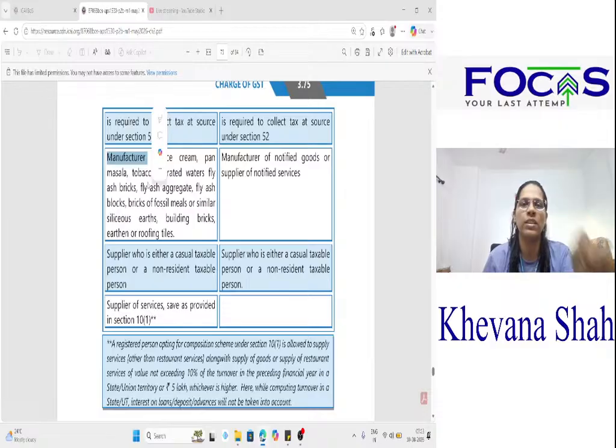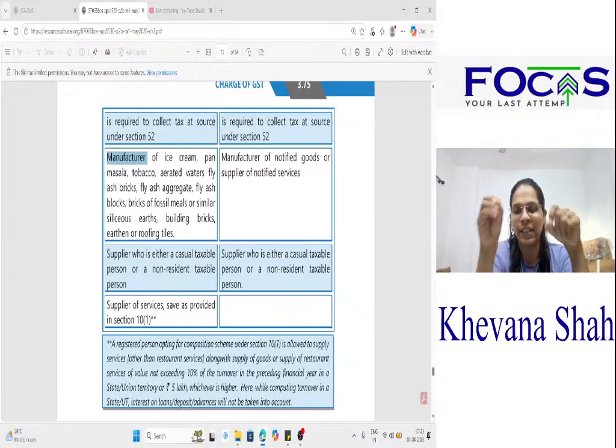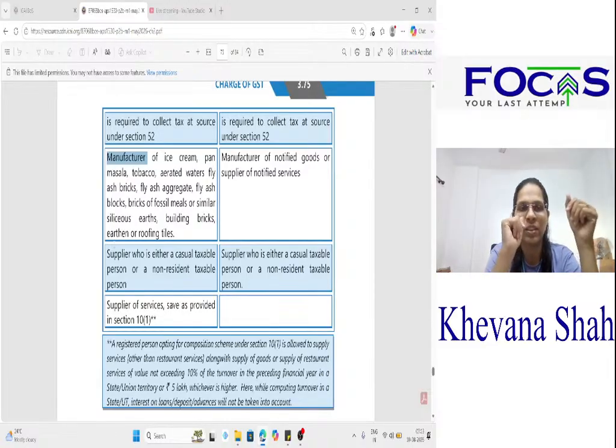your composition scheme. Then we have already seen this, a supplier who is either a casual taxable person or a non-resident taxable person will not be allowed to opt for composition scheme.